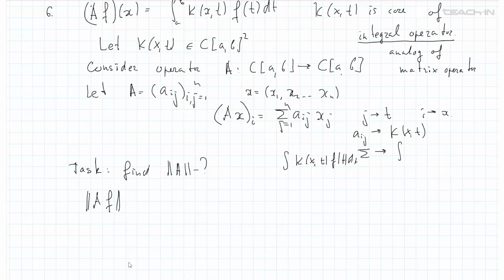Take any arbitrary continuous function and write the definition of the norm. It's the maximum over x on the interval [a,b] of the absolute value of the integral. Then we can again put the absolute value inside the integral.